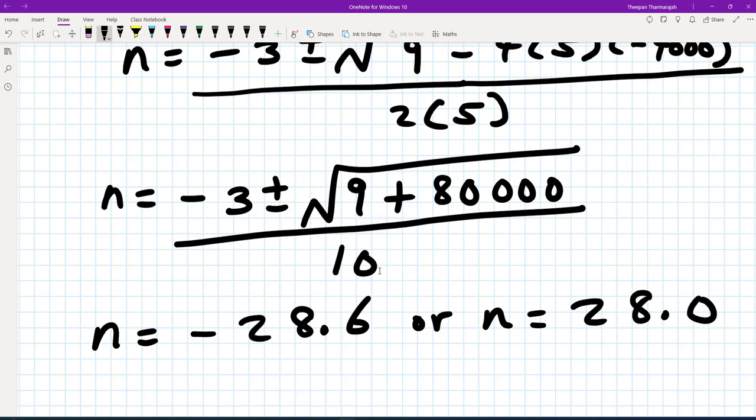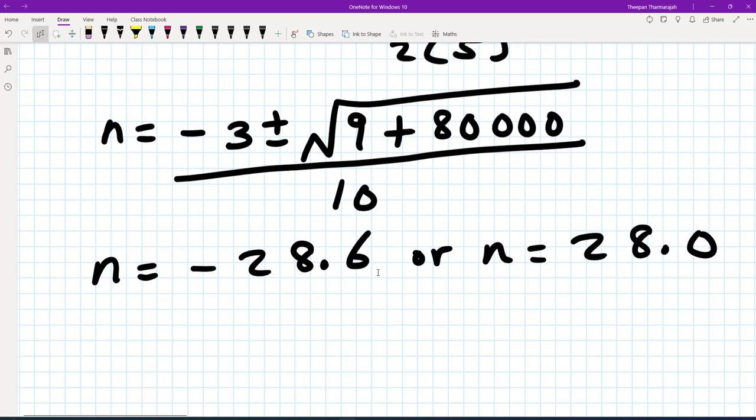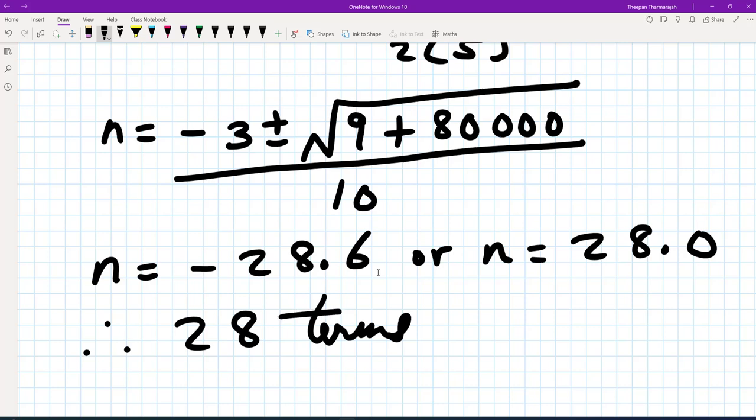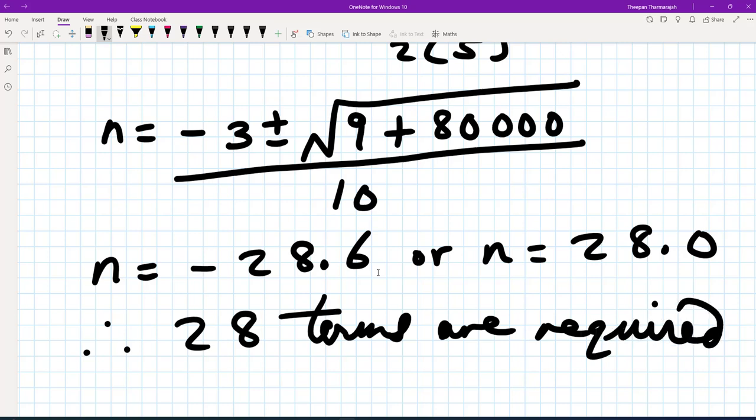So we say, therefore, 28 terms are required. Make my handwriting a bit more legible. So now, there'll be a question for you to try in a moment.